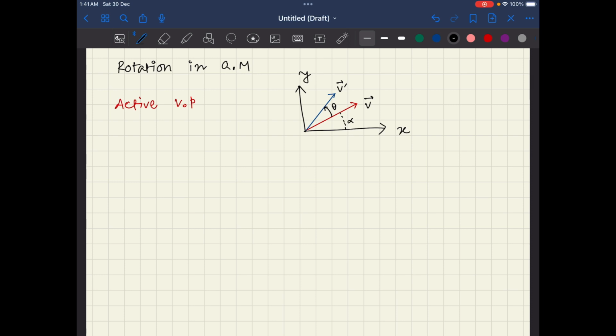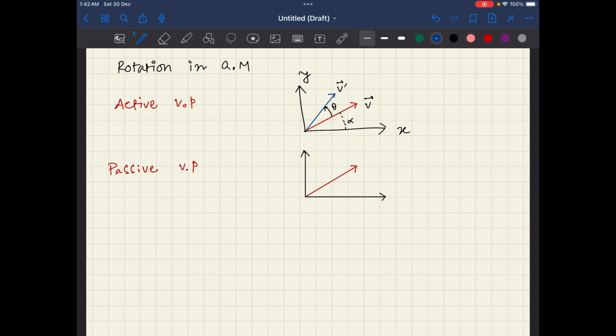fixed. And there is also a widely accepted viewpoint, the passive viewpoint. So the passive viewpoint is the vector is now fixed in space, but the coordinate axis is rotated.